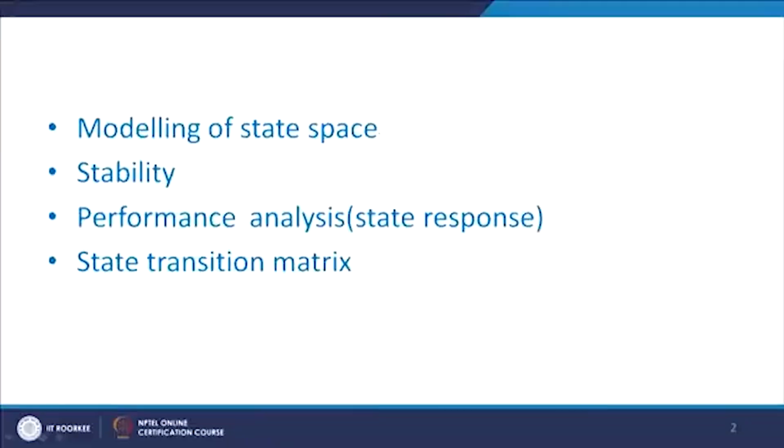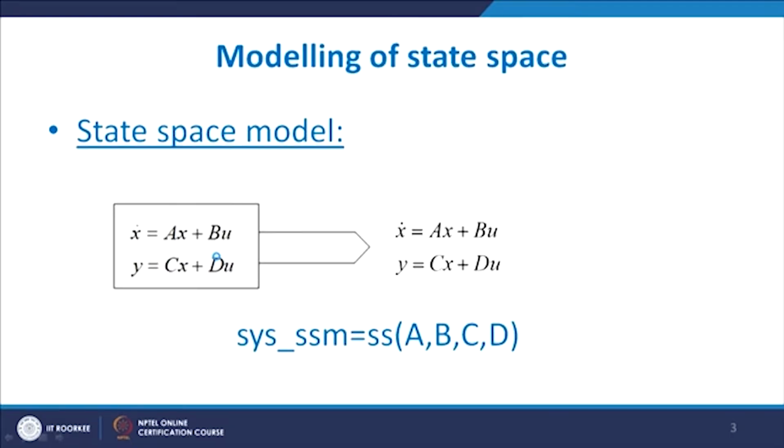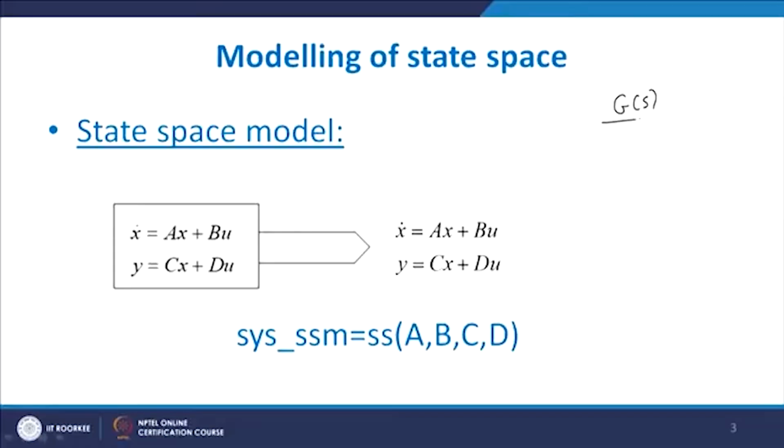Now, here we are going to study modeling of state space, second one is stability, then performance analysis and state transition matrix. Now, modeling of state space, I think in classical control we have seen a transfer function, that is G of s, which has been represented by numerator by denominator.